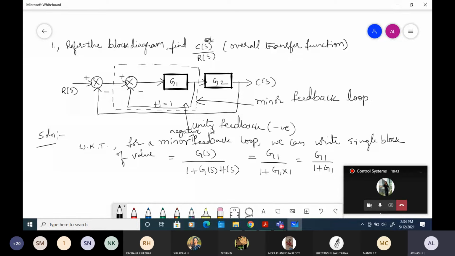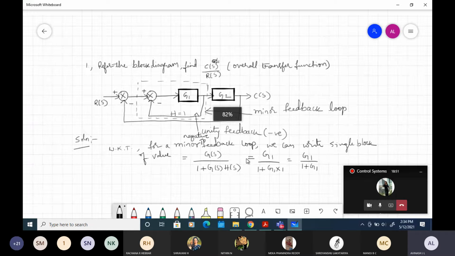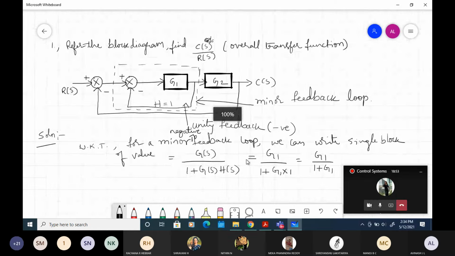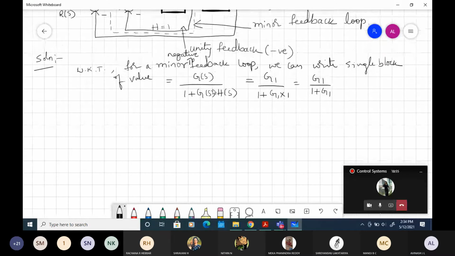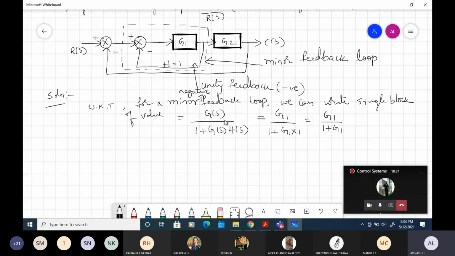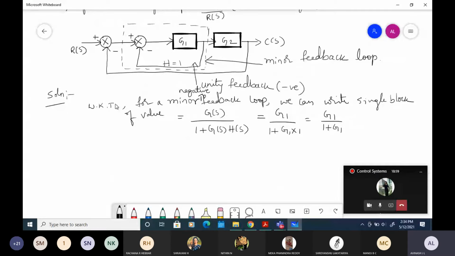So now this entire dotted line block will be replaced with a single block. So like this, we will take the same R of S here. First summing point will be here.